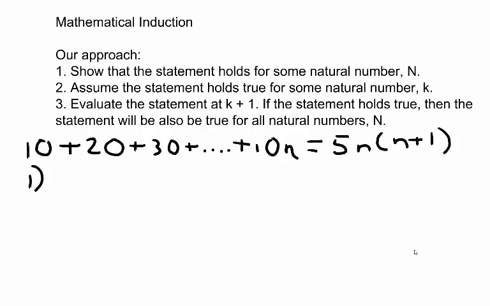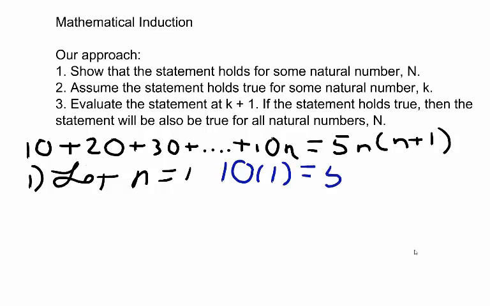In step 1, let's let n be equal to 1. Then we have, on the left, 10 times 1 equal to, on the right, 5 times 1 times 1 plus 1.